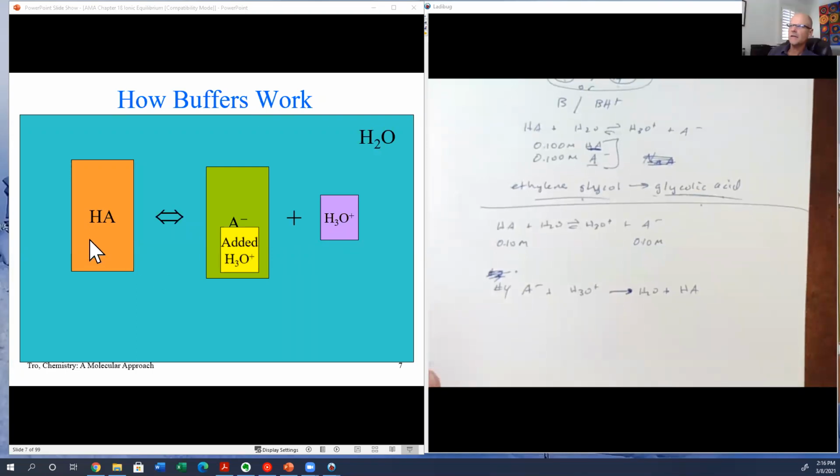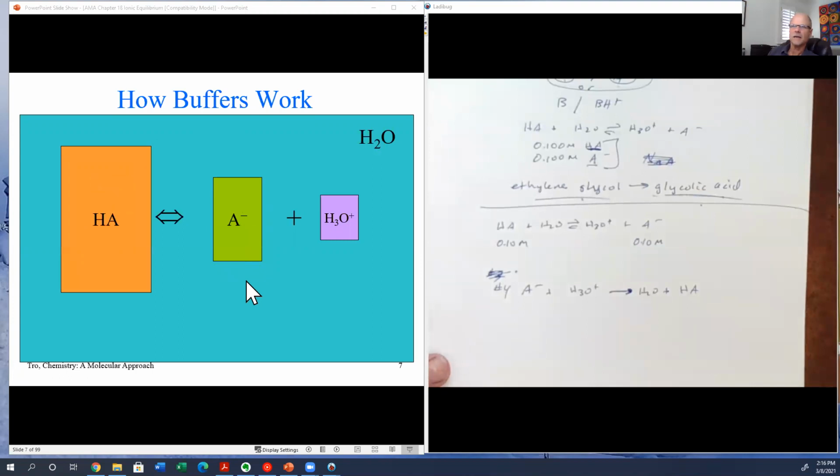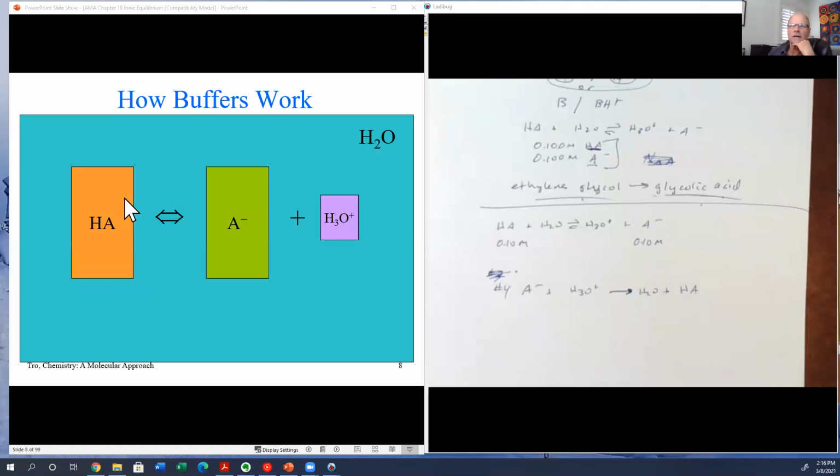So what that means is that the amount of HA is going to go up, right? So you form new HA. It's going to go over there and make the HA more, okay? So in other words, when a buffer absorbs some added acid, some of the conjugate base is converted to more of the acid, okay?